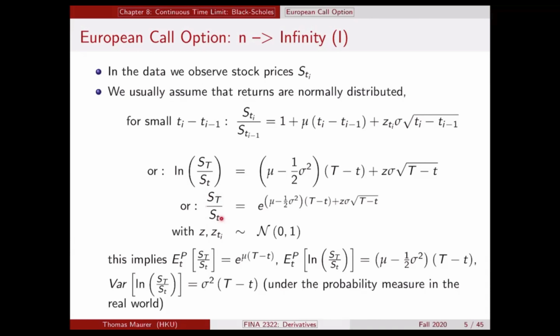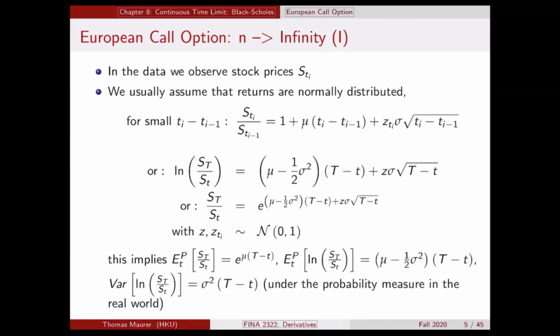Now I can also solve for that gross return. Instead of looking at the log return, I take e to the power of this thing. That gives me the gross return. If we take the expectation under the true world probability measure, we end up with e to the power of mu times the time horizon. So in that sense, mu captures our expected return of that stock price. What happened to that minus 1/2 sigma squared? This is something well known for a normally distributed variable.